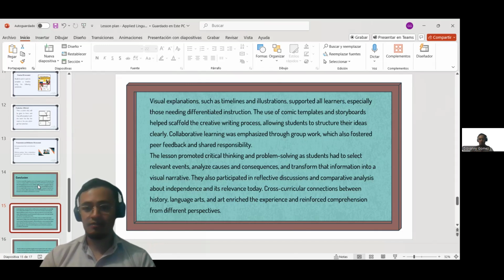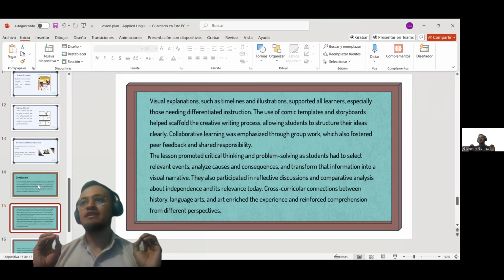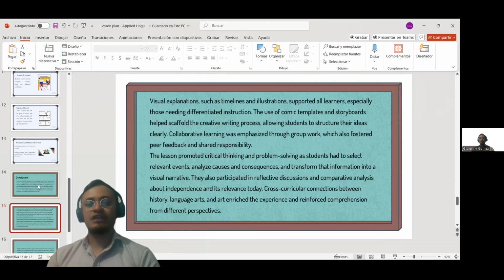The use of the comic templates and storyboards helps the students scaffold and develop the writing process. The lesson promotes, of course, critical thinking about this important event and problem solving, especially because they have the chance to select relevant events and analyze not only the causes but also the consequences.